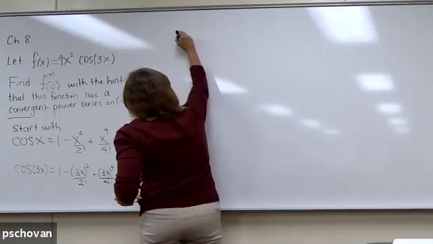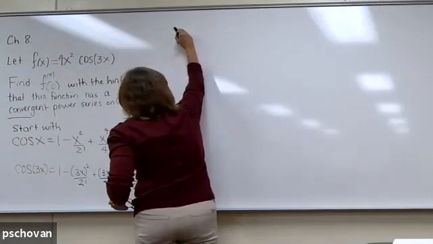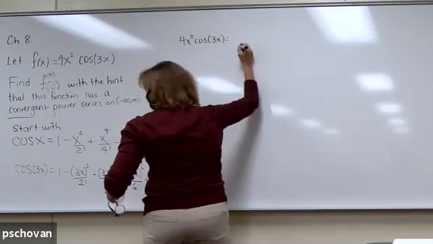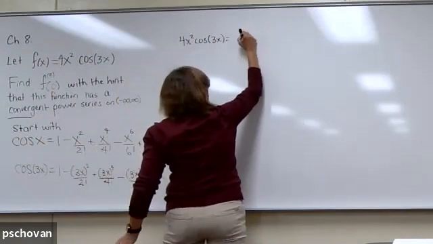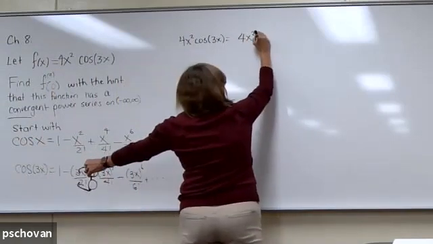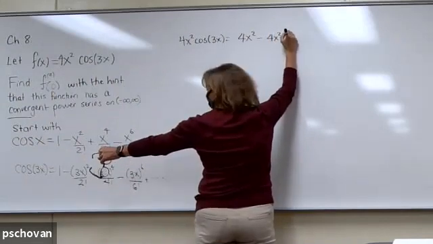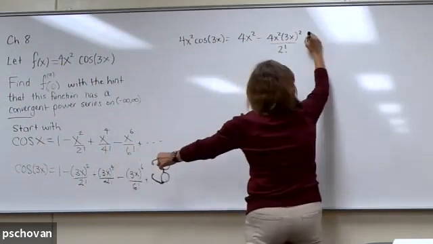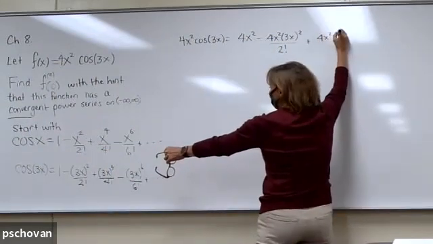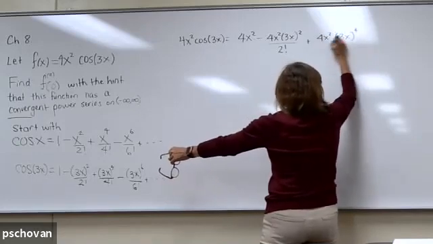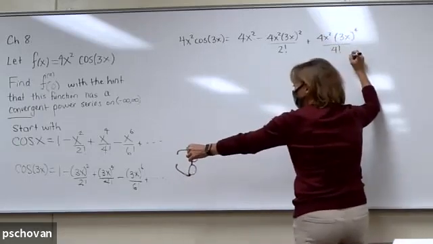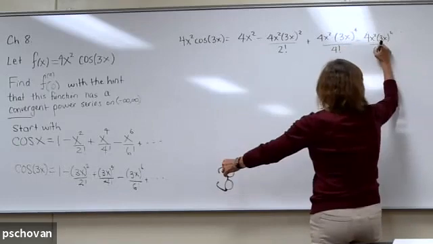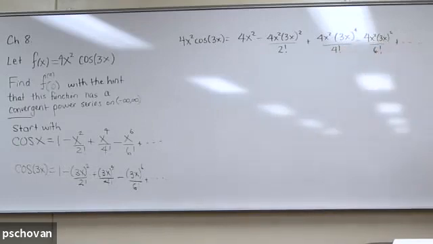So 4x squared times the cosine of 3x should look like, we'll put a 4x squared here, minus 4x squared in front of the 3x squared over 2 factorial plus 4x squared times 3x to the 4th over 4 factorial minus 4x squared times 3x to the 6th over 6 factorial, and there's more.